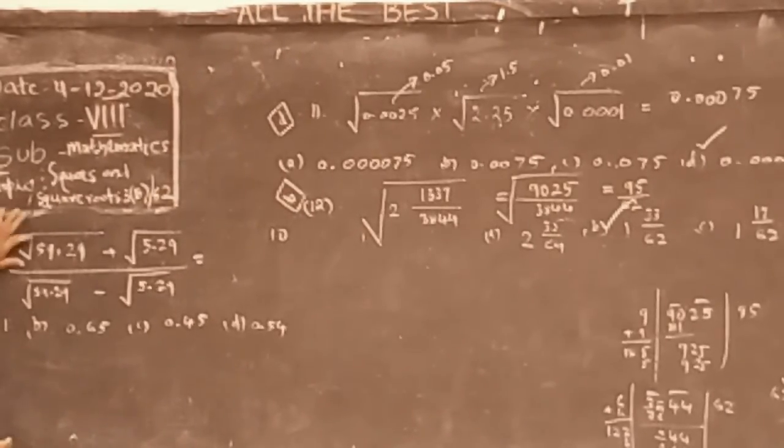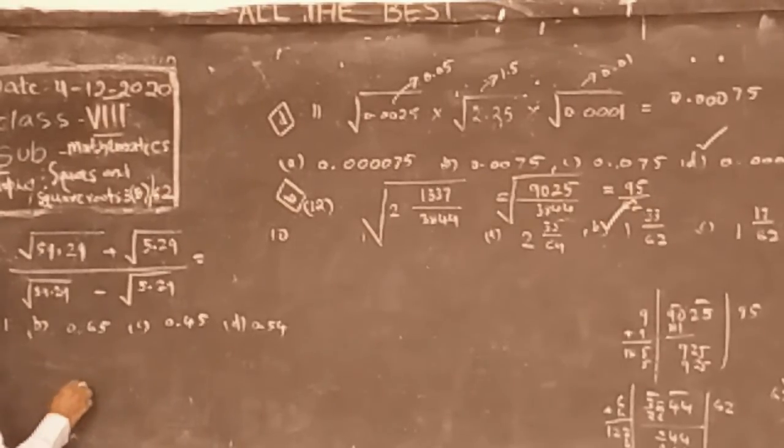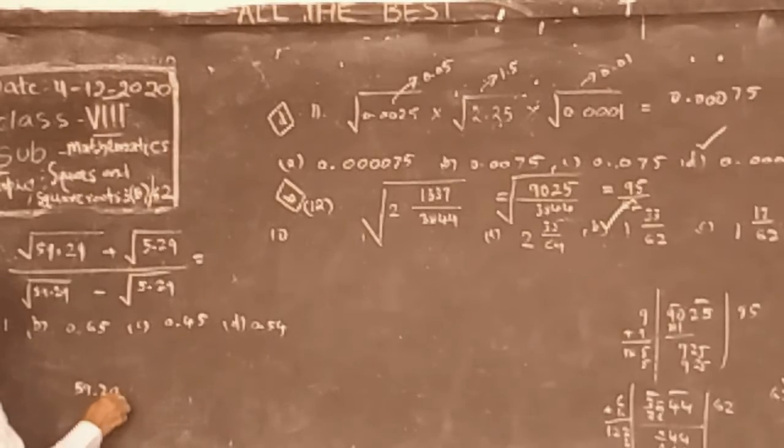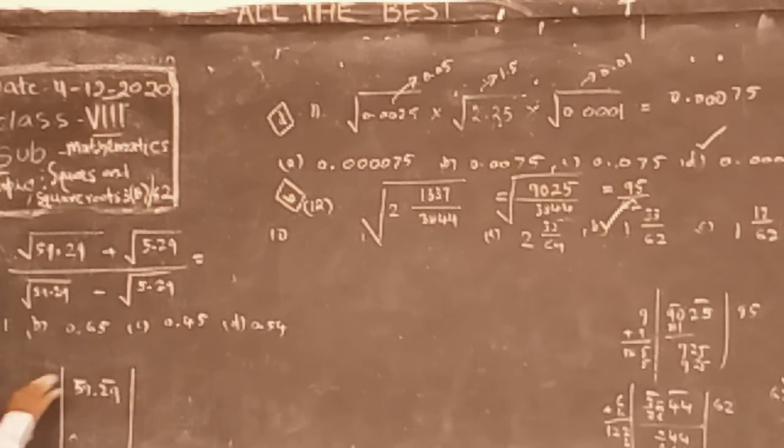Now, let us find the square root of 5929. 6 6s are 36, 7 7s are 49, 8 8s are 64 not going, so 7 is going, 49.